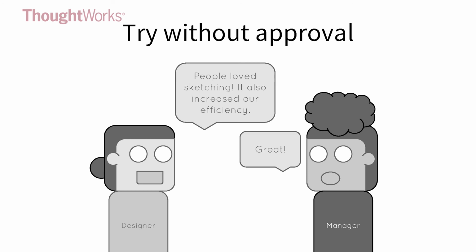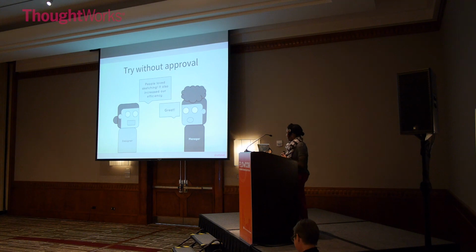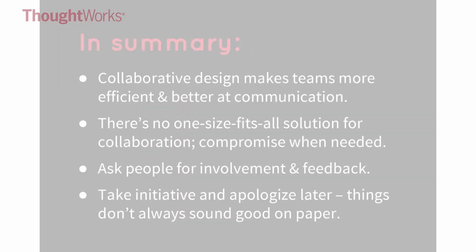But if it does work, then let them know. Say, hey, I tried this sketching exercise and it was awesome. And then they'll probably be like, yeah, maybe we can do that again. Or they'll say nothing, and then you try it again anyway. So just try stuff and don't worry about whether they don't like it. As long as it's not an abysmal failure, which it probably won't be, you'll be fine.